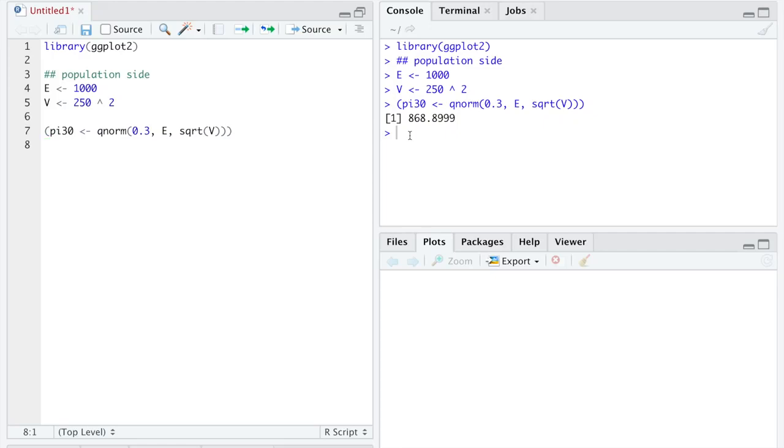So here, pi subscript 30 is equal to the SAT score 868.9. The SAT score 868.9 puts 30% of SAT takers below that score.